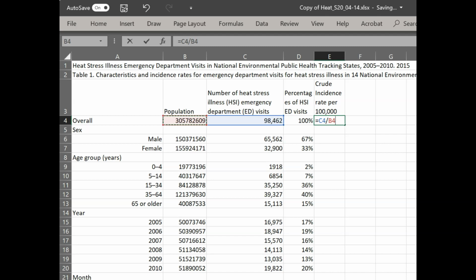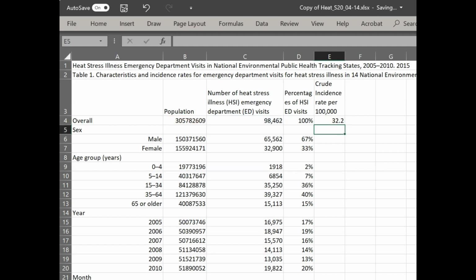To turn it into a rate, we multiply that number by the denominator that we're using. In this case, we're going to be using 100,000. I could type that out, but it's easier to just put in 10 to the 5th power. That way I don't make the mistake of accidentally leaving out a 0.